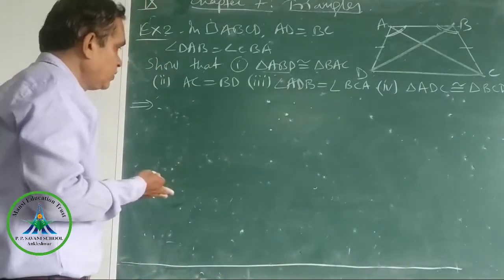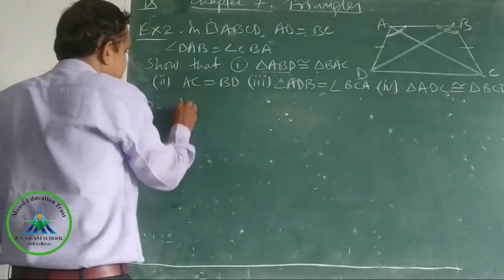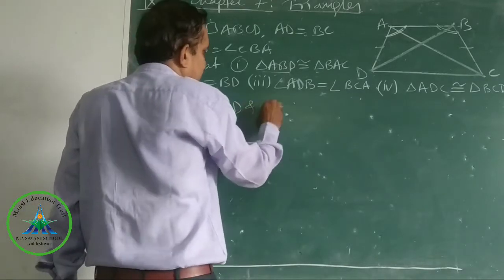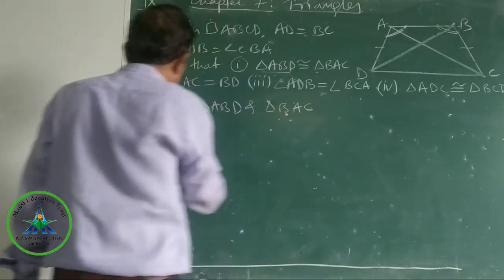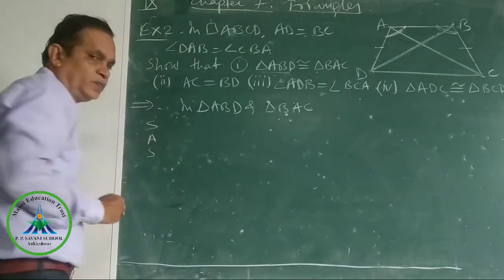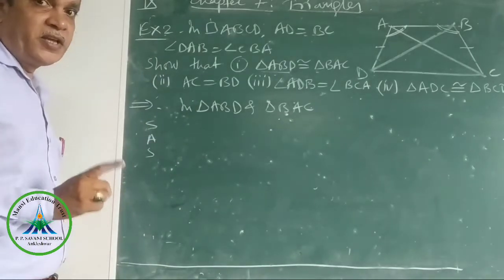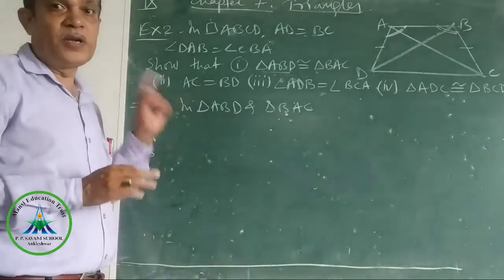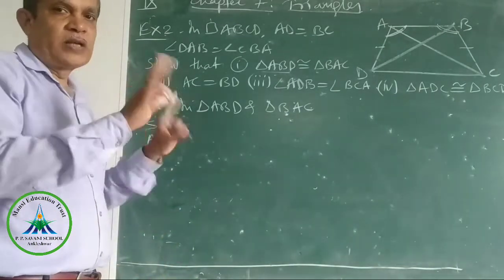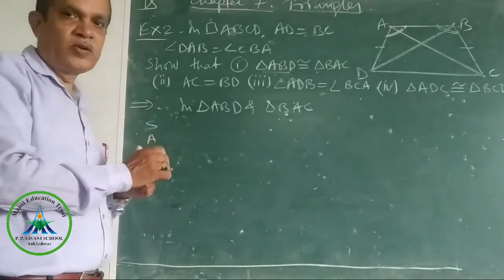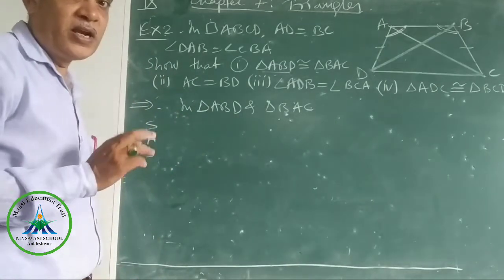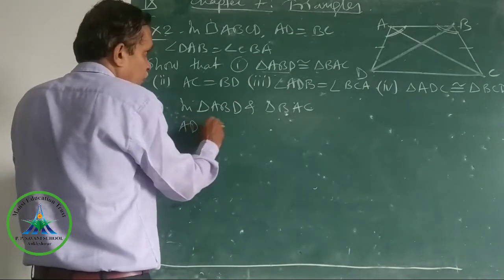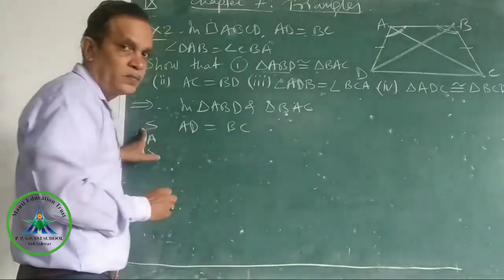So we will write the names of the triangles: triangle ABD and triangle BAC. Side, angle, side. Reading the rule from the diagram is the first step. If you are able to read the rule, you pass. Whatever you can read, we can write. AD equal to BC given.